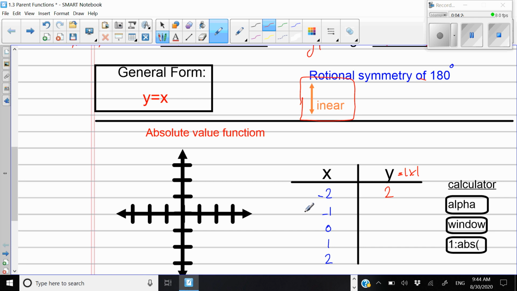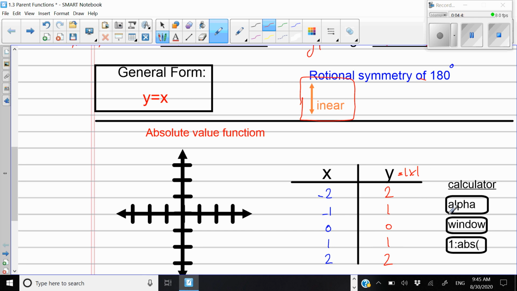Basically, it takes the negative and makes it positive. -1 will be 1. 0 is going to be itself. 1 is itself, 2 is itself. Only if we give the absolute value function a negative value, it's going to take the negative and change it to positive.